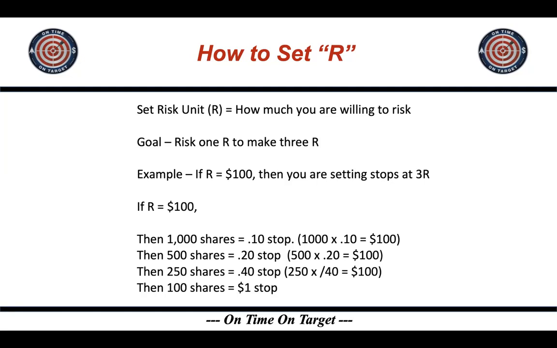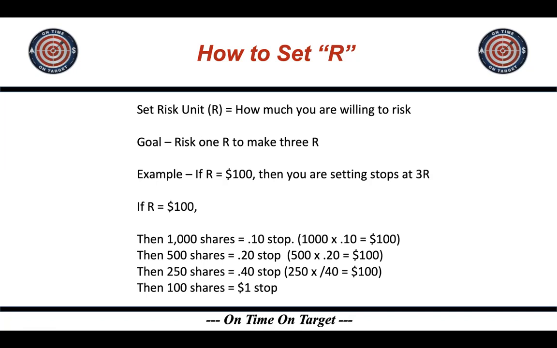Look at the bottom there. Whenever you decide your risk unit, and I'm using $100, I will use an example using a $10 stock, just to keep the math simple. Obviously, if you get away from the even tens and hundreds, things can get a little more confusing very quickly.